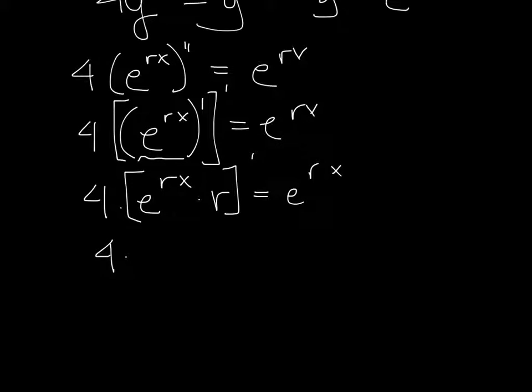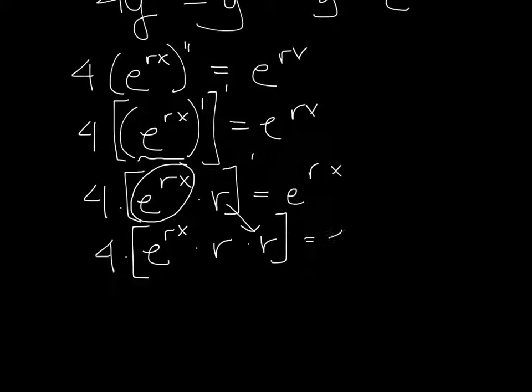Now again, r is a constant, so that's just going to stay. I want to take the derivative of this guy, which we already did. It's e to the rx times r, but times this other r that we obtained from taking the first derivative.